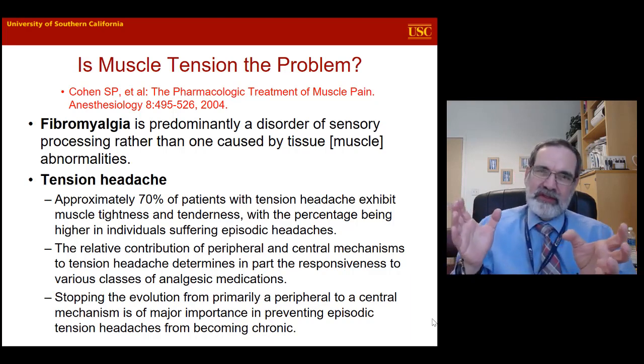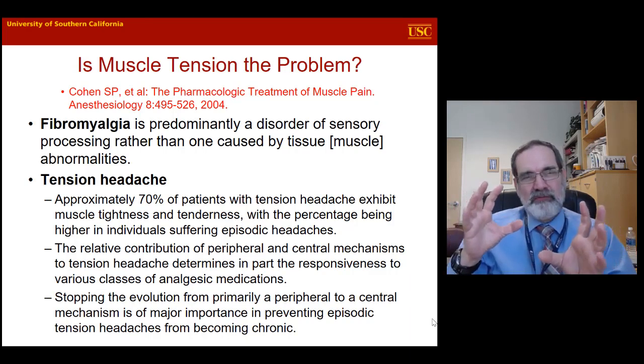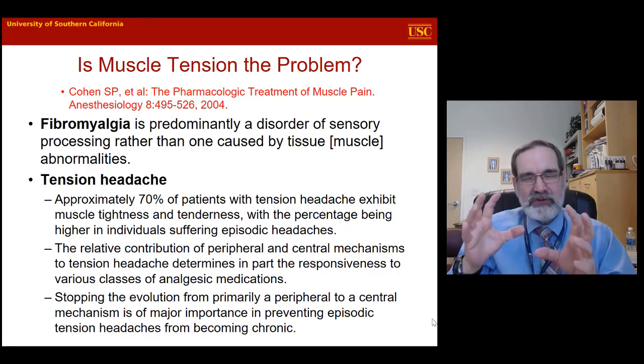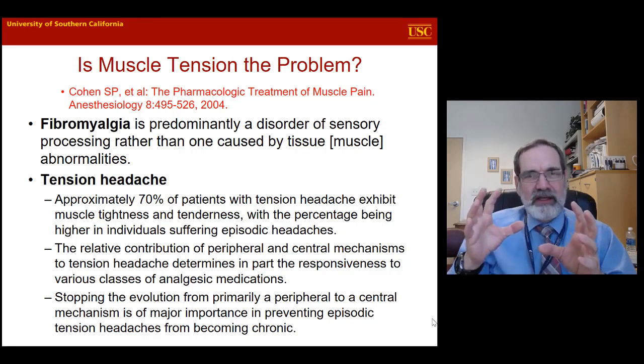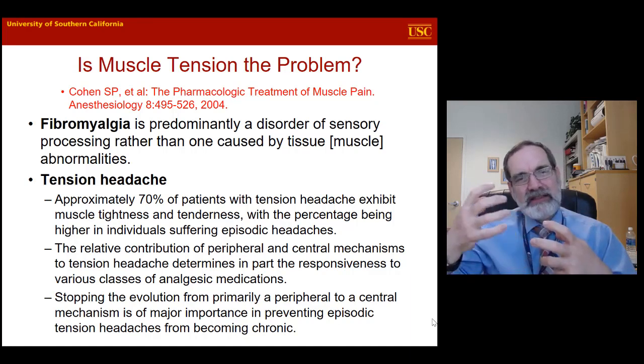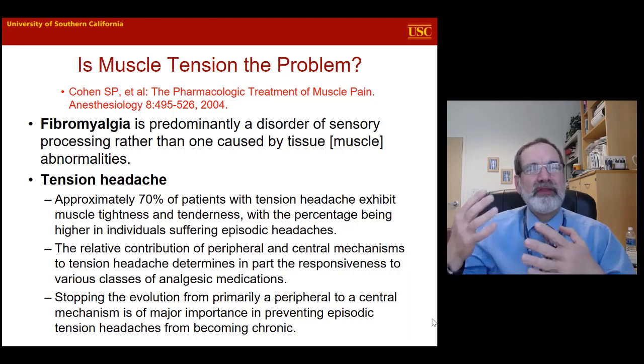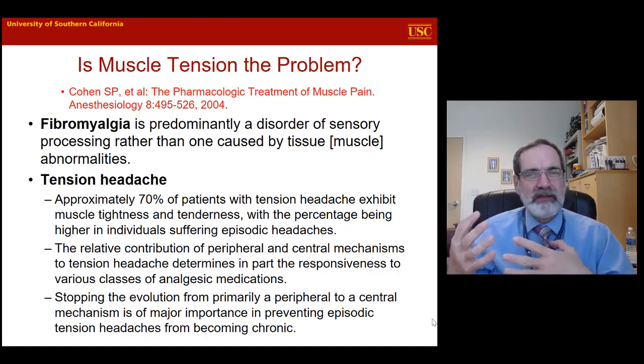So there seems to be kind of a spectrum of patients who have occasional episodes of headache where muscle tension may in fact play a bigger role. And as these headaches become more chronic and more constant, we're getting more and more neuropathic mechanisms in play.